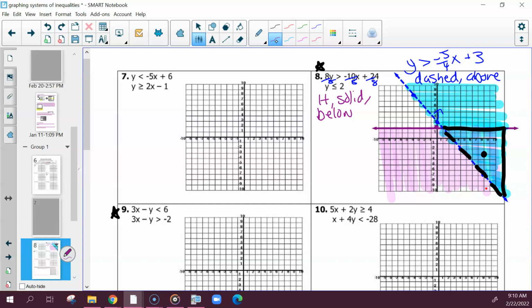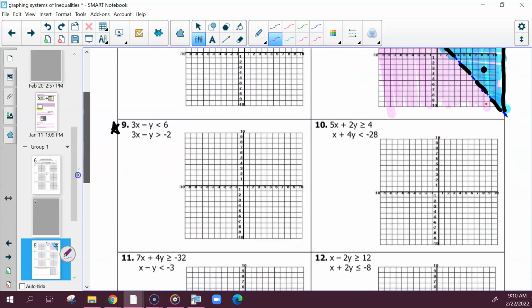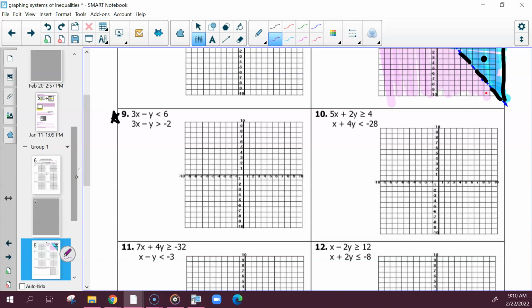Moving on to number 9, you now need to solve both of these. It doesn't matter which one you do first.